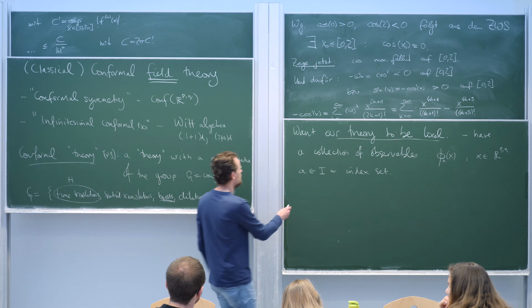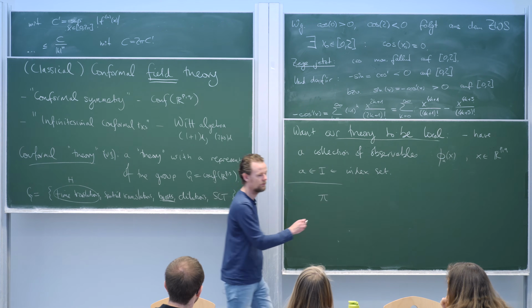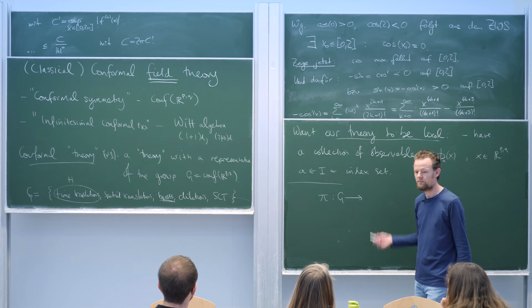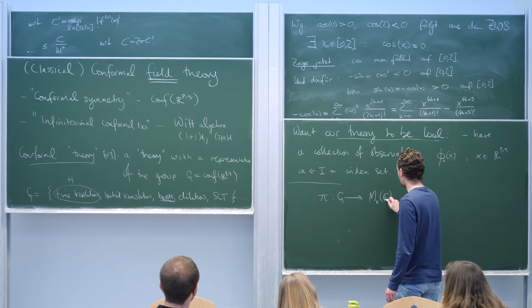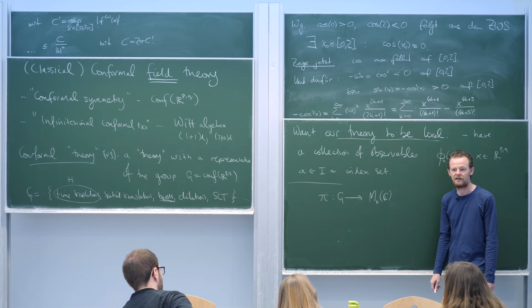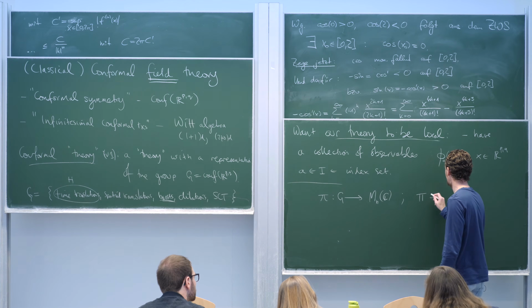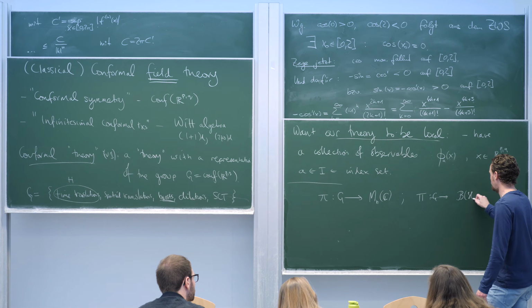A representation of a group of symmetries is just a map, pi, from your group of symmetries to some set of matrices. So a finite dimensional representation looks like that. An infinite dimensional representation might take you to the bounded operators on some Hilbert space.